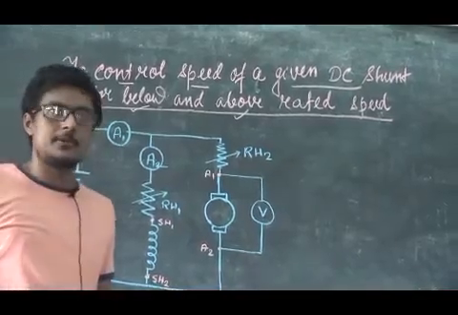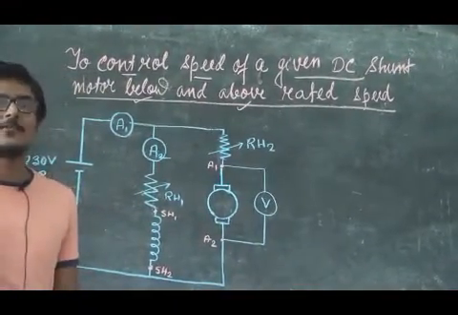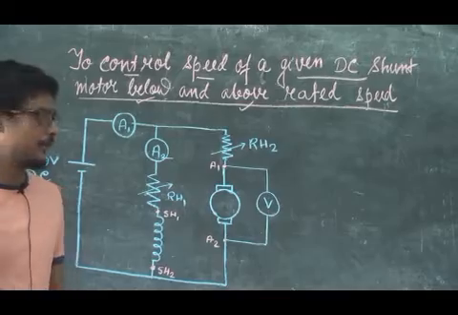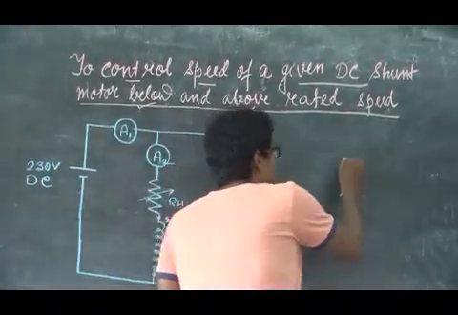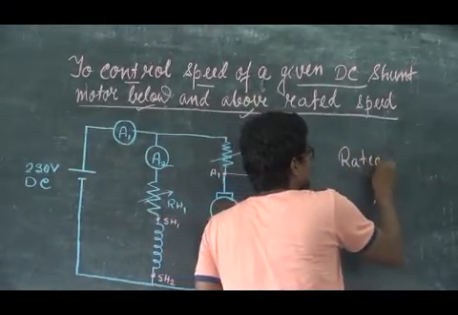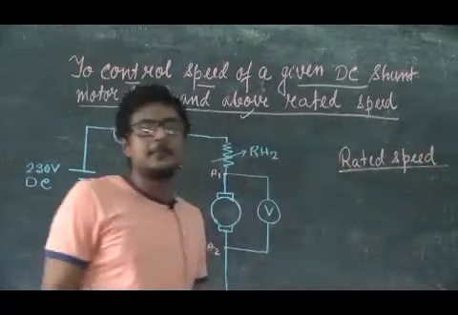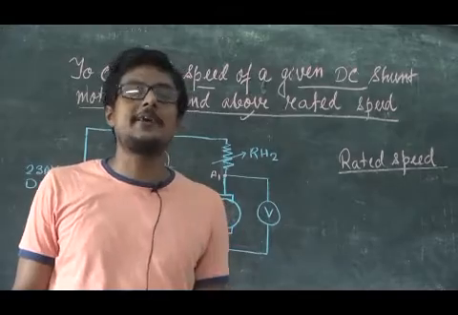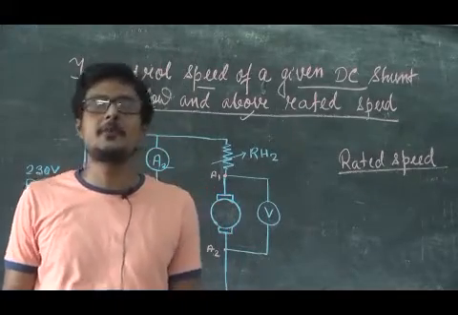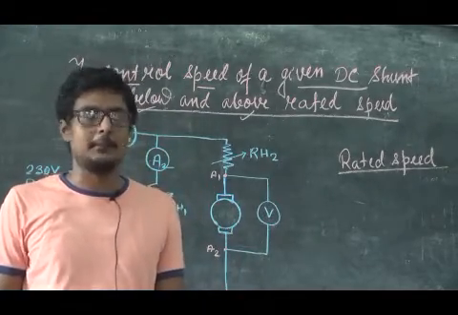Now the question that comes to our mind is, what is the rated speed of a motor? The rated speed is the speed defined by the manufacturer of the motor, and it is mentioned in the motor nameplate.